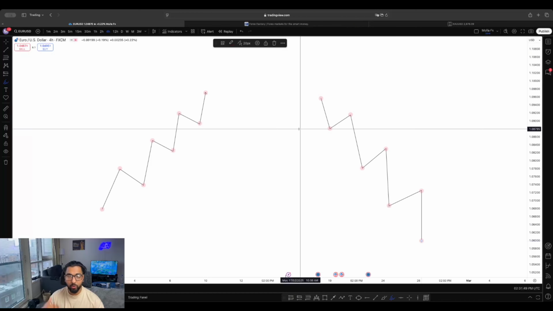Just wait for a move to either the upside or the downside. And that's one of the key red flags when it comes to trading: most traders will think that we should trade every single day. But the thing is, you don't actually have to trade every single day. If the market is not giving you a clear direction, if this step you can't see, then don't bother trading for the day.